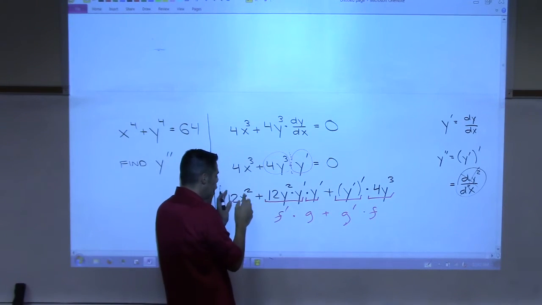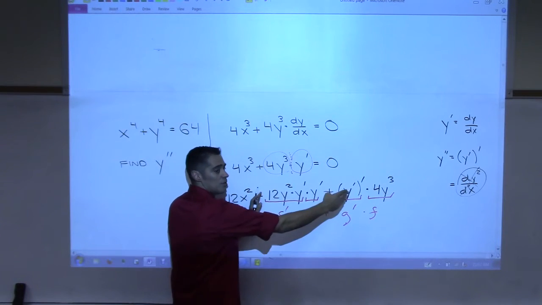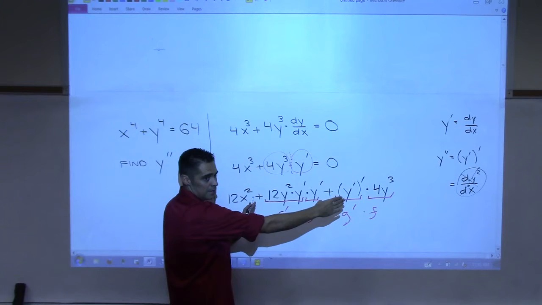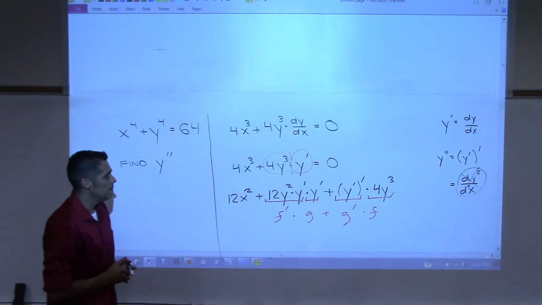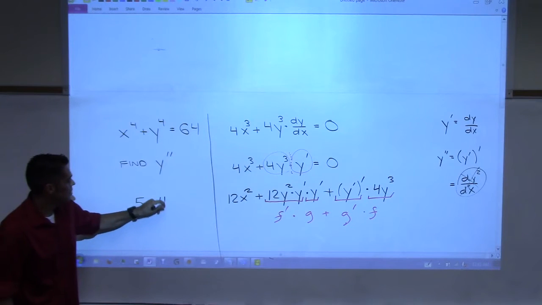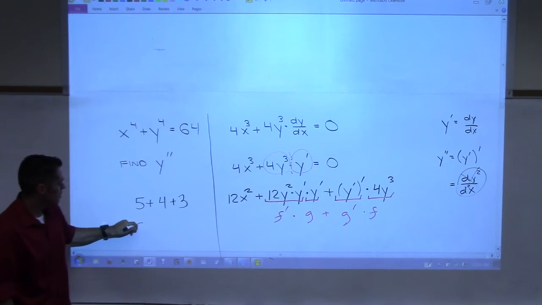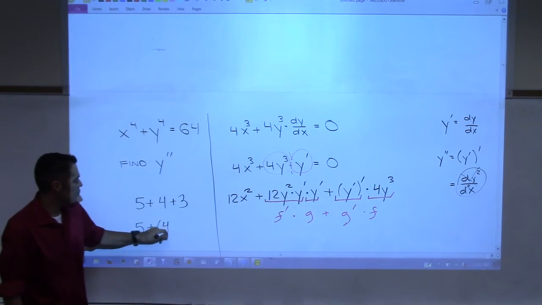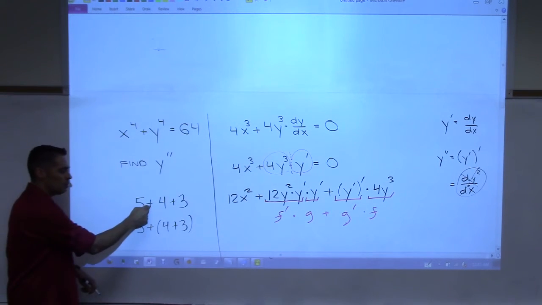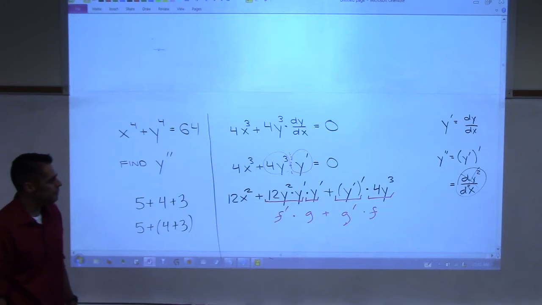If I were saying this times this, I would need that all in parentheses. But I'm saying this plus this. See the difference? You can go back to a basic example. If I say 5 plus 4 plus 3 versus 5 plus parentheses 4 plus 3, you're going to get the same answers. Change that to multiply, totally different answers.